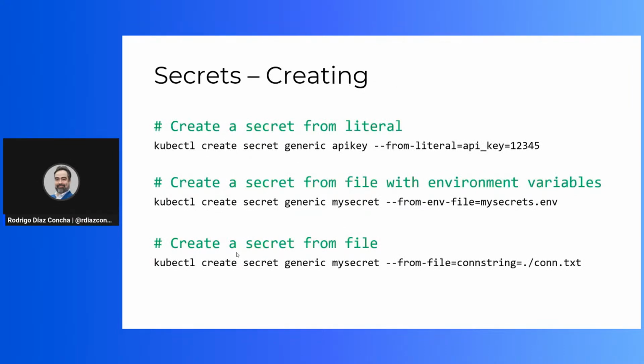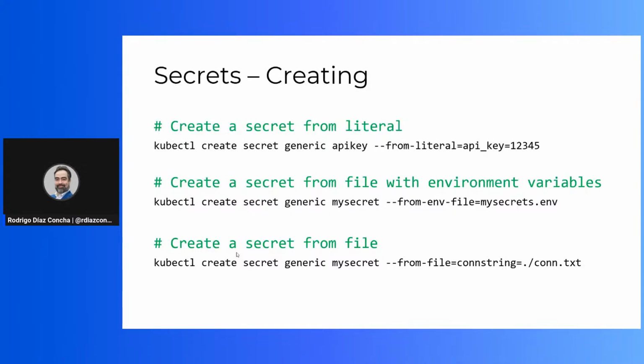So you can create secrets, of course, the imperative way by using kubectl, or you can use a manifest file, right? In this case, I'm showing you on the screen the way of creating a secret by using the kubectl command. The first line that I have here is using the from-literal flag, and it's specifying API key 12345 as the value of that particular key.